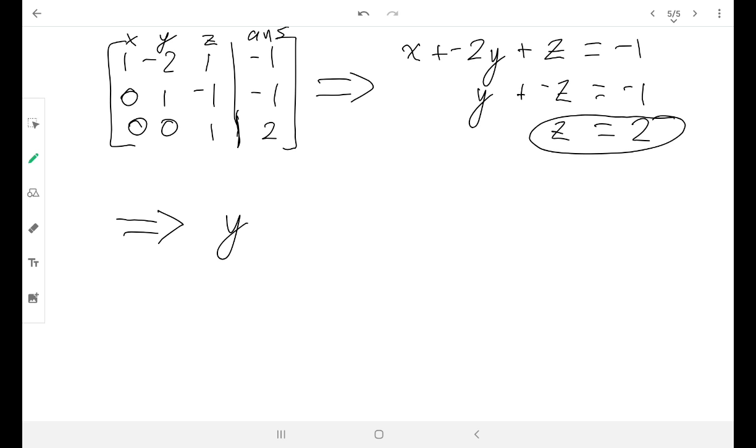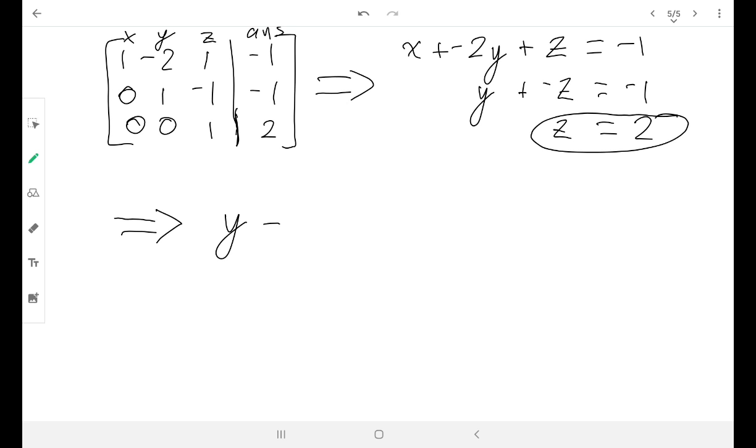So now I can write y plus negative z, but z is now 2, so it's negative 2 equals negative 1, and now I can solve for y. So I can add 2 to both sides, and I can get that y equals negative 1 plus 2, which is positive 1.